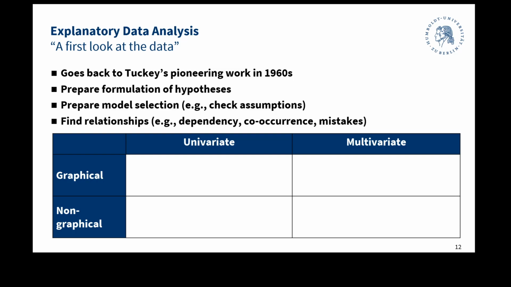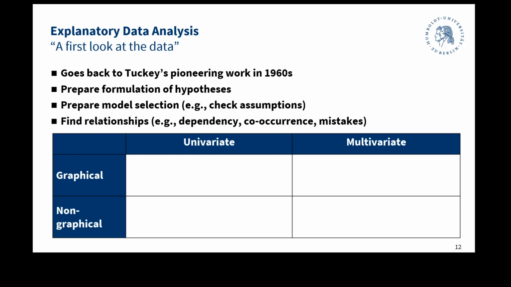I put this table here and deliberately left it empty in order to structure our thinking a little bit. When we talk about tools to do EDA and peek into a data set, we could distinguish them, for example, along the row category here: are we talking about graphical tools, like this nice chart you saw on the previous slide, or are we talking about non-graphical tools like statistics?